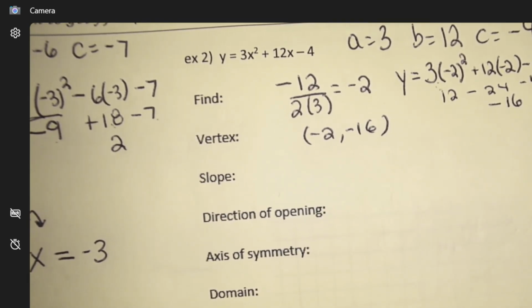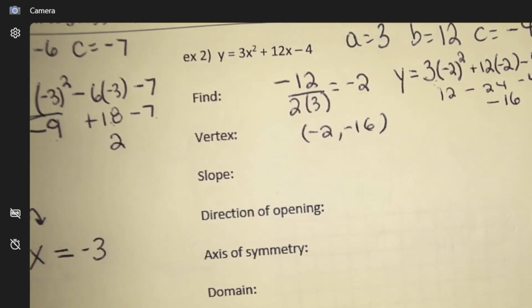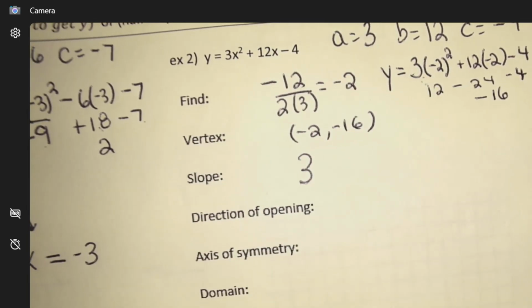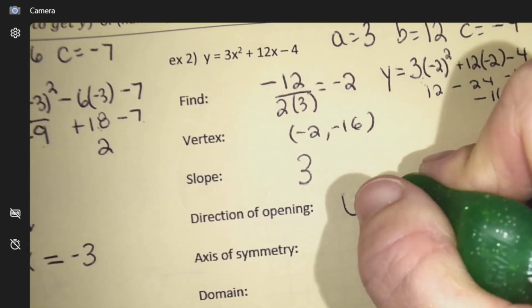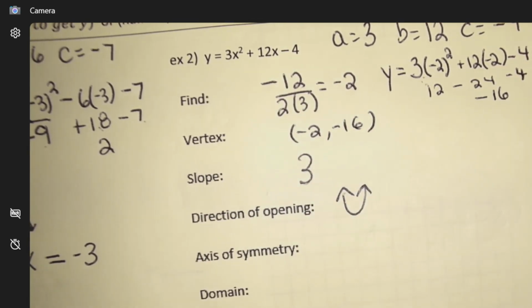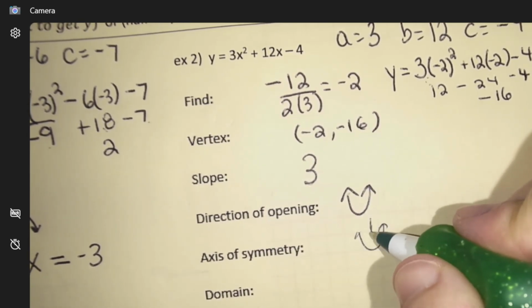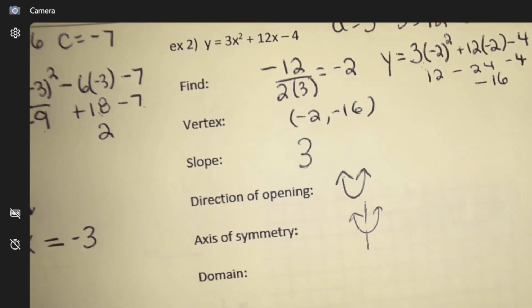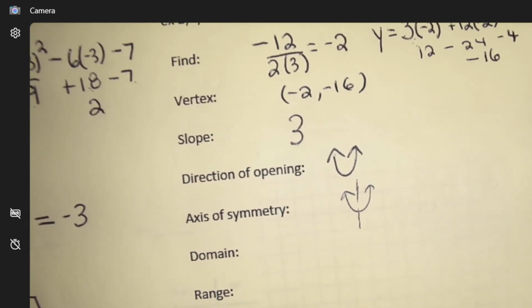Okay, the slope number, so what's the A value? 3x squared. So 3 is our number that we're working with. So that's going to make my parabola be pointing upward, right? Because it's just a positive number. Axis of symmetry, the cut line.